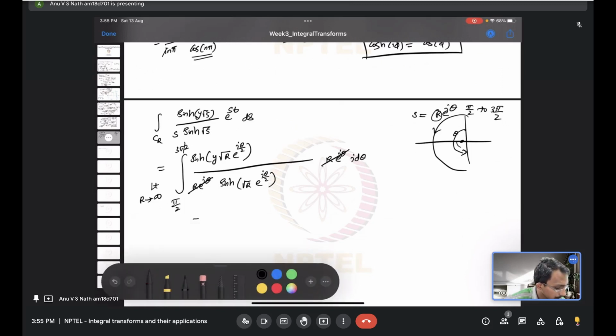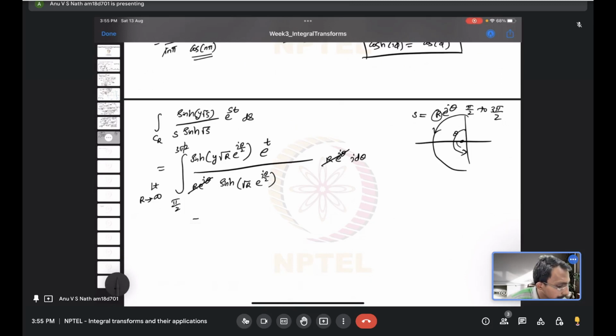One of them is exponential of t r cos theta, the other is exponential of i t r sin theta, and this is just an oscillatory integral. You can see that the cos is negative both in the second and the third quadrant. This is the first and this is the fourth quadrant. So cos is negative both in the second and the third quadrant.